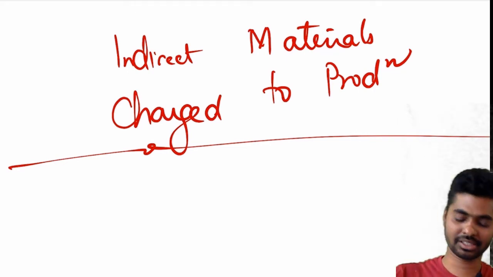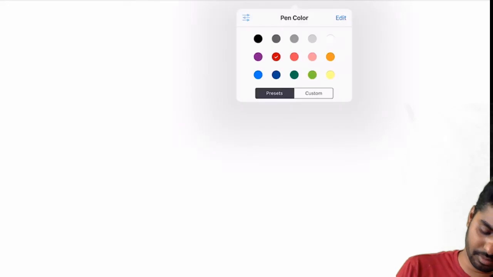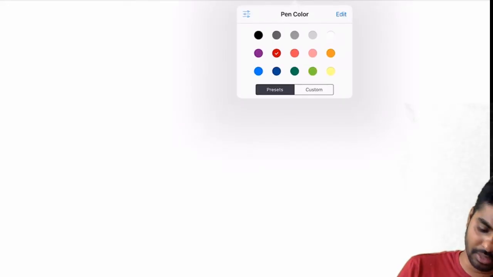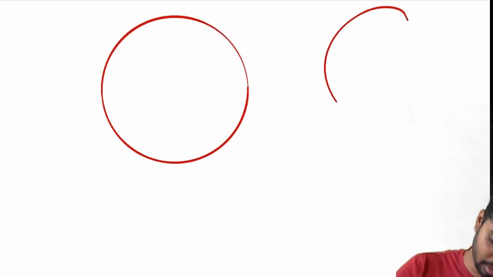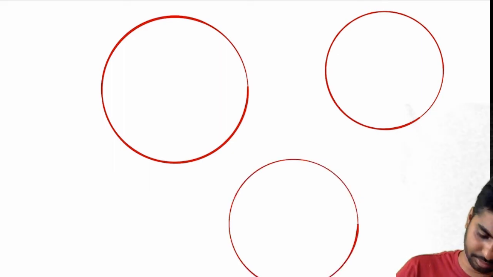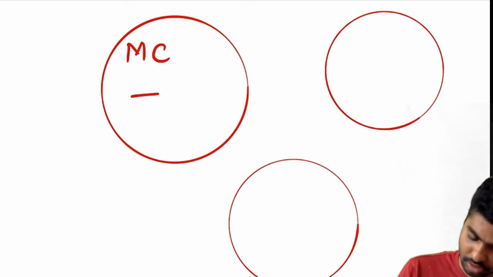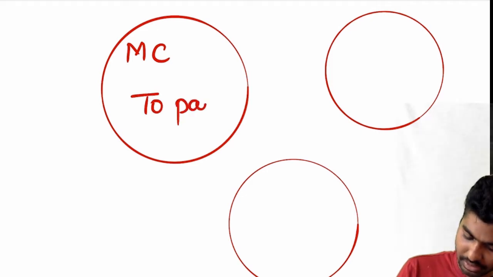Okay, Bhavna, just see here. I'm only doing something with regards to my materials. When I purchase raw materials, the journal entry becomes material control to payables or cash.